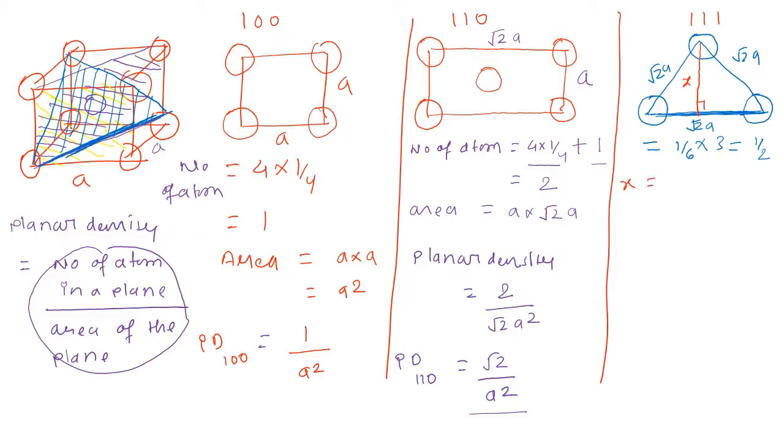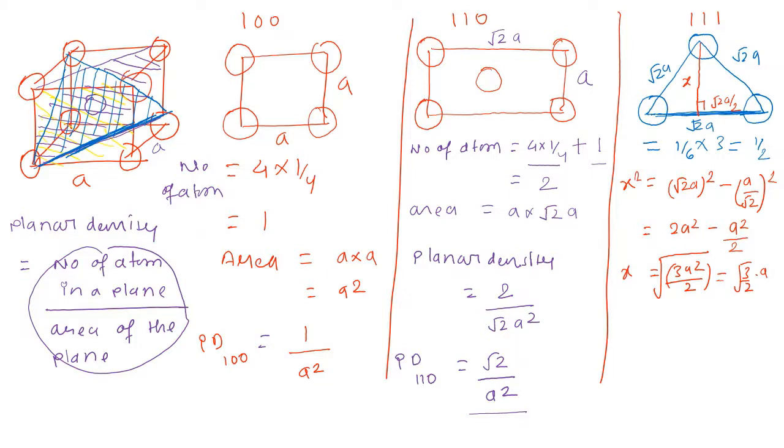So the x value: this is root 2 a by 2. How can I calculate? Root 2 a square minus a by root 2 square. So 2a square minus a square by 2, so this is 3a square by 2. So x will be root 3 by 2 a.